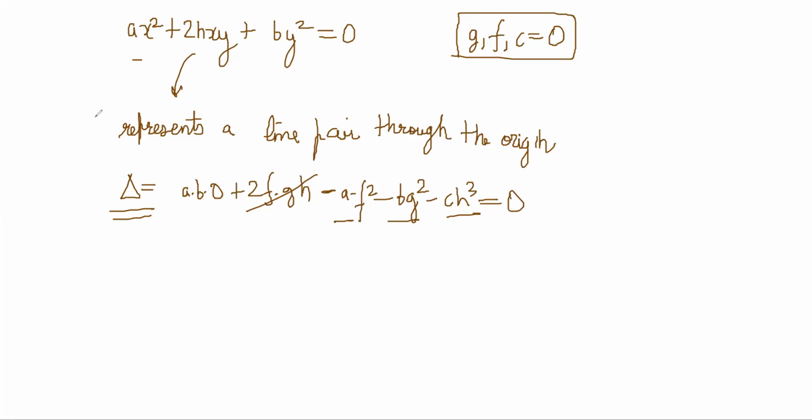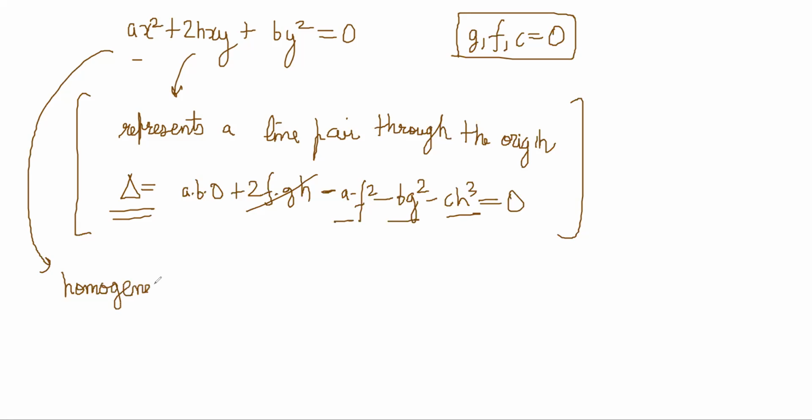And that is an interesting condition, because now whenever you see a homogeneous equation in 2 degree, what is the meaning of homogeneous equation in 2 degree? You have two variables, but every term has degree 2.